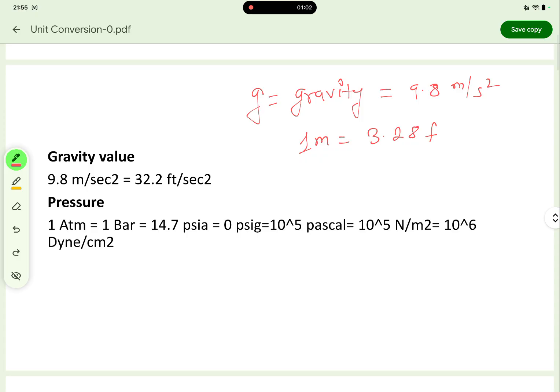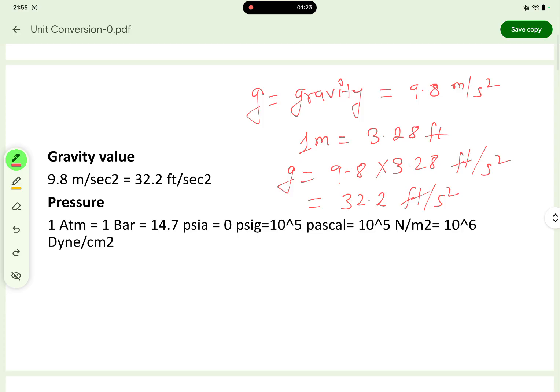So now simply we can write the G value is 9.8 multiplied by 3.28, you will get the feet, and the final output you are going to obtain is 32 feet per second square. So this is all about the gravitational.